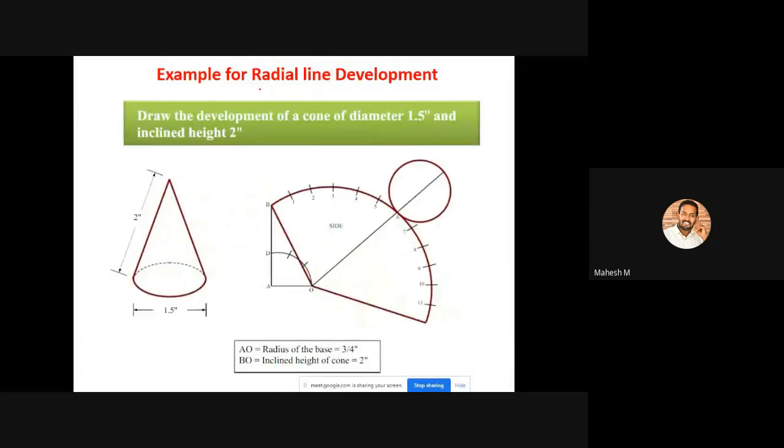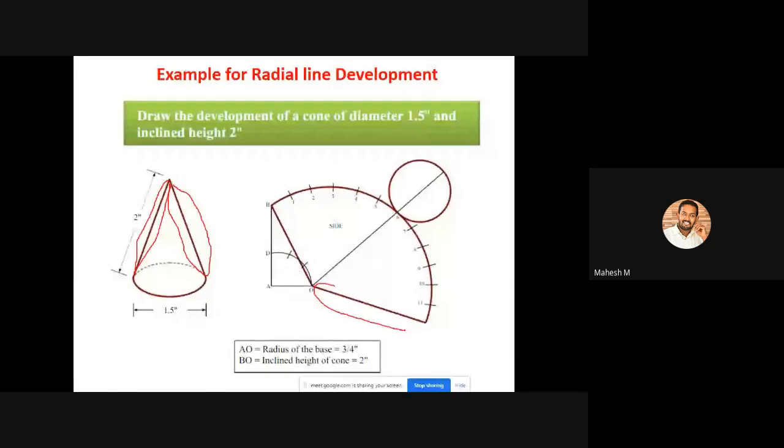Okay, a cone also comes under this radial line development because it can be drawn only with the help of the radial line concept, because we have 2 generators. So this one is a generator and this one is another generator. We can draw these generators only with the help of a radial arc. So we can call this the radial line method.